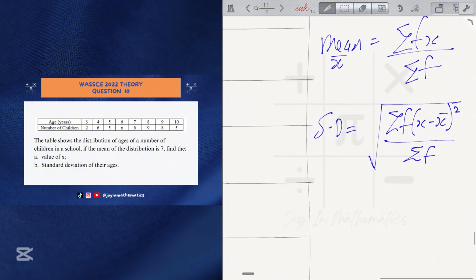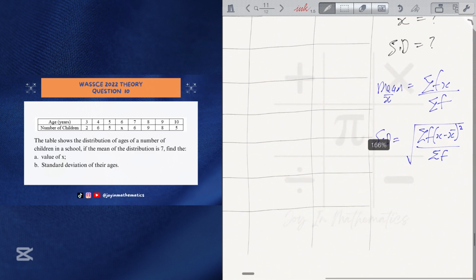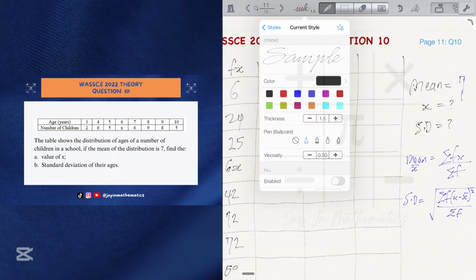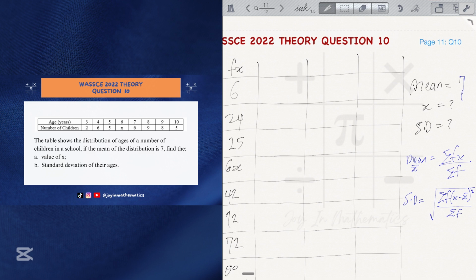Now standard deviation has the formula of the square root of summation f into x minus x bar all squared, over summation f. So we will have columns referring to that. We'll have the column of x minus x bar. Similarly, we will have the column of x minus x bar squared, and finally the column of f into x minus x bar squared.